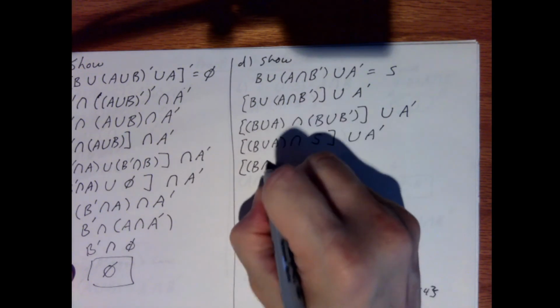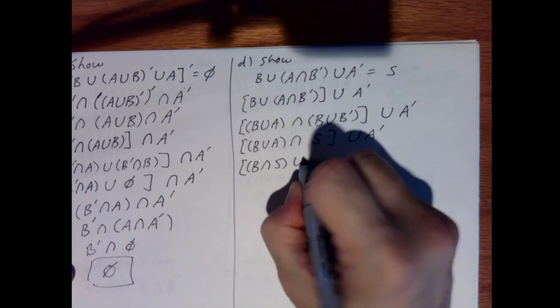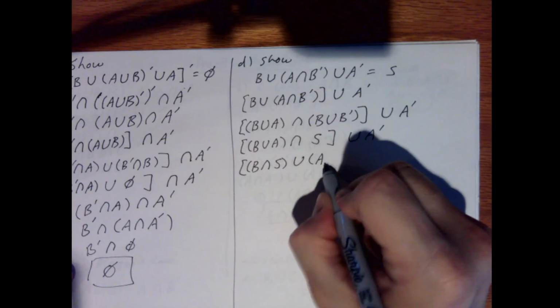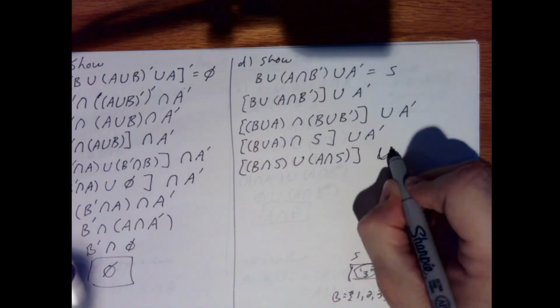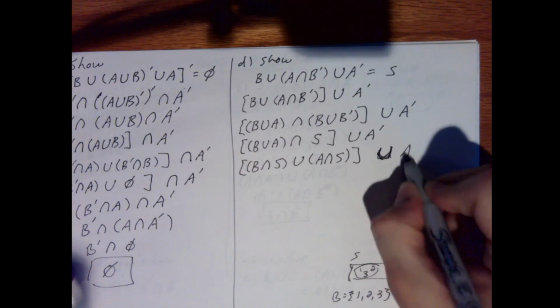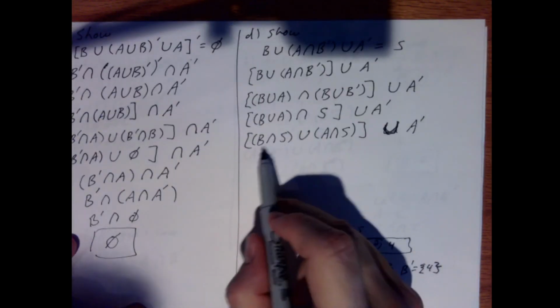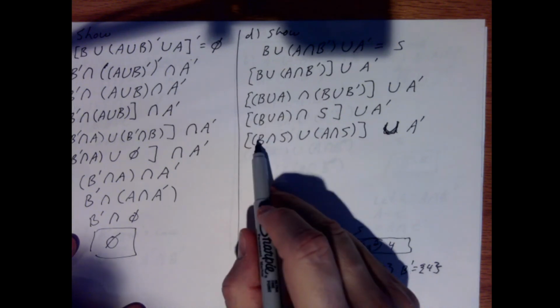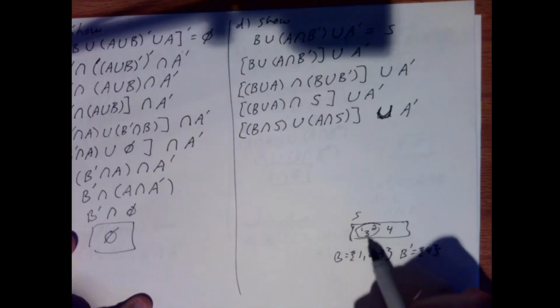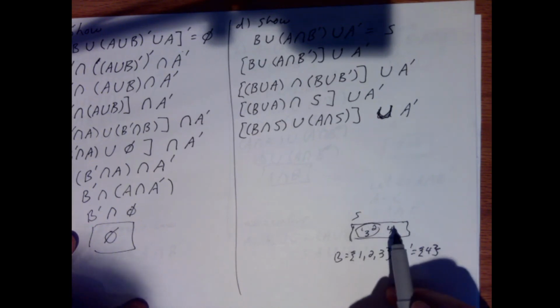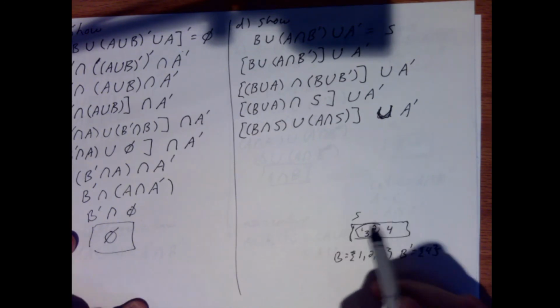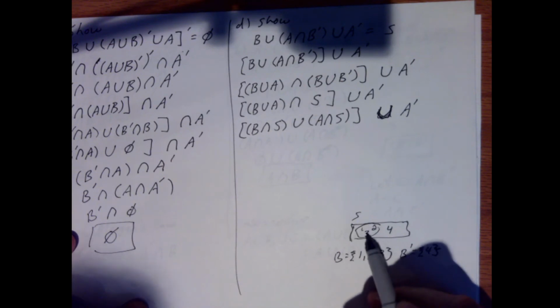So B intersected with S, union, A intersected with S, and then union the complement of A. And if I say, what's the intersection of B with S, well, if everything is S, and we talk about where they overlap, and B is a subset of S, well, their intersection is just B.